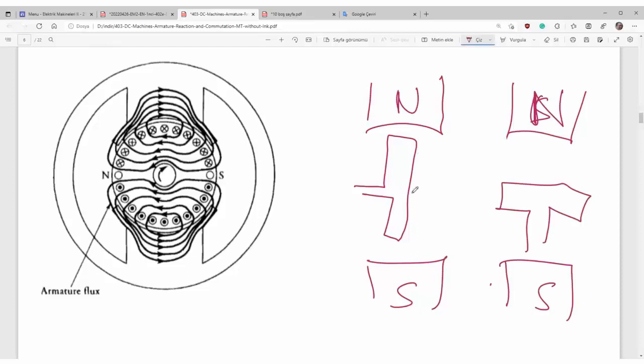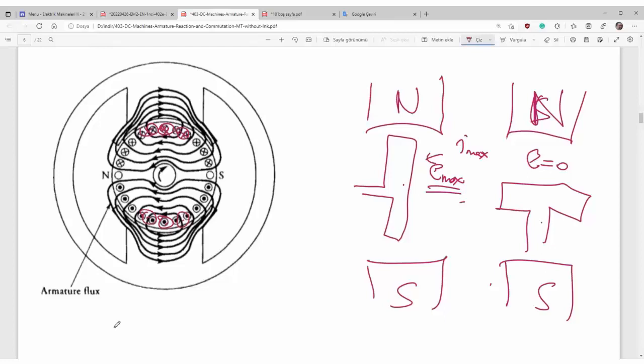This one will induce maximum EMF. This one induces 0 EMF. EMF will be 0 if it is in a horizontal position. So maximum EMF results in maximum current. Houston, current will be here if there is only 1 coil. If there are 3 coils, current will be like this.